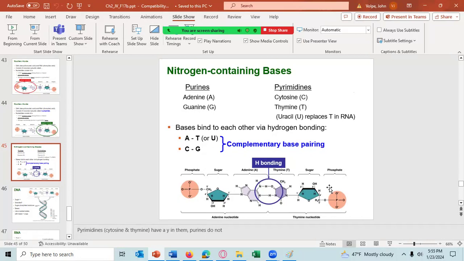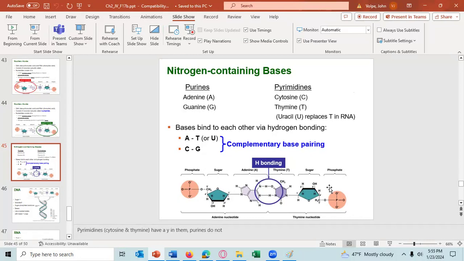You can know them as adenine, guanine, cytosine, or thymine in DNA, or you can just call them A, G, C, and T. These are the bases. The pyrimidines are C and T, or cytosine and thymine in DNA.